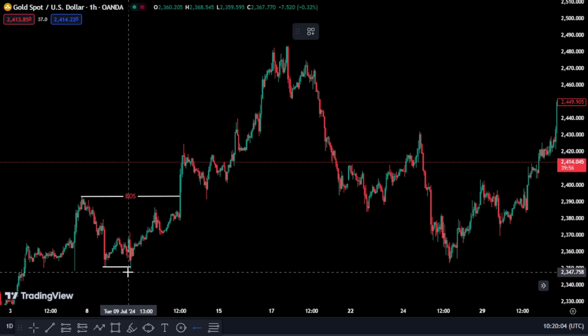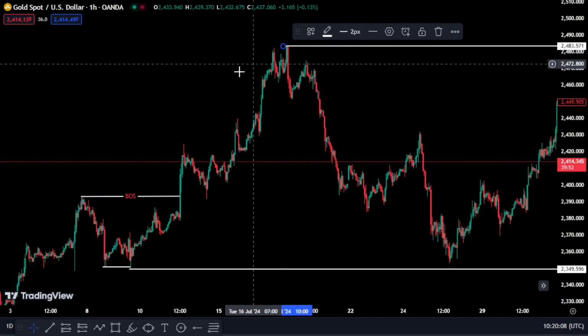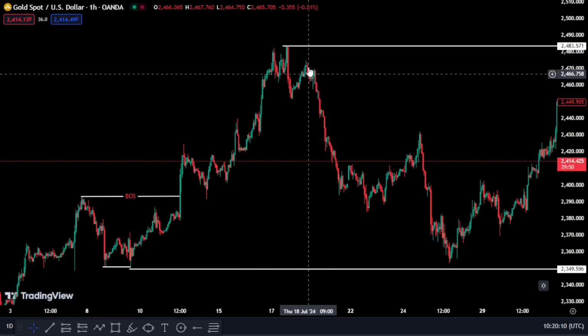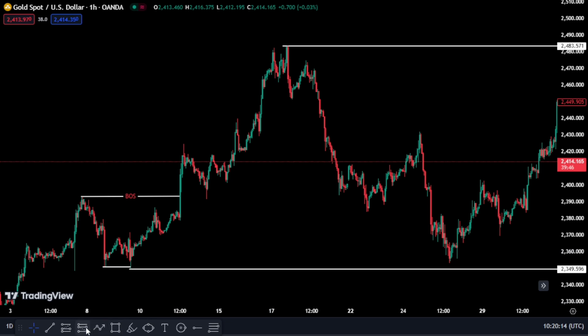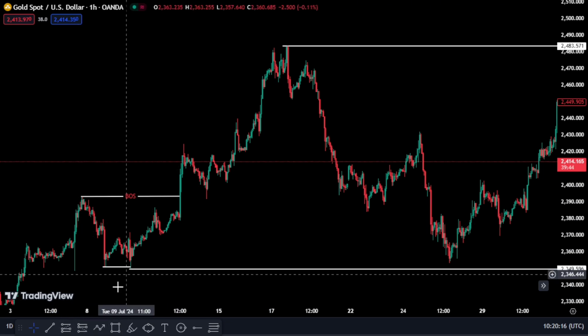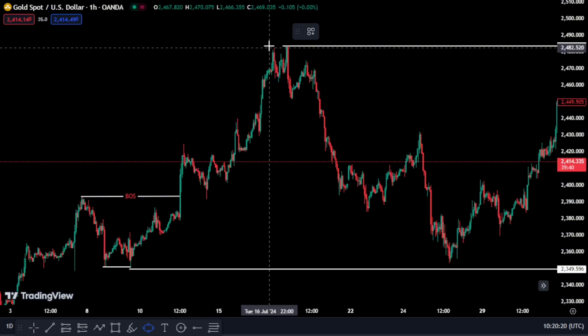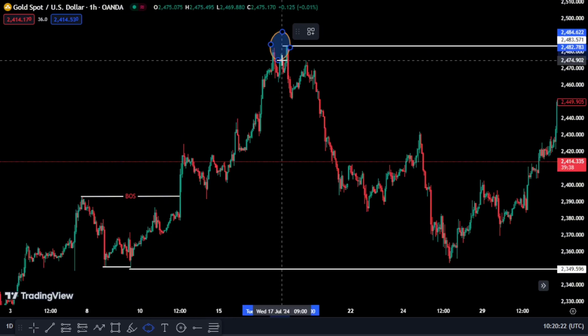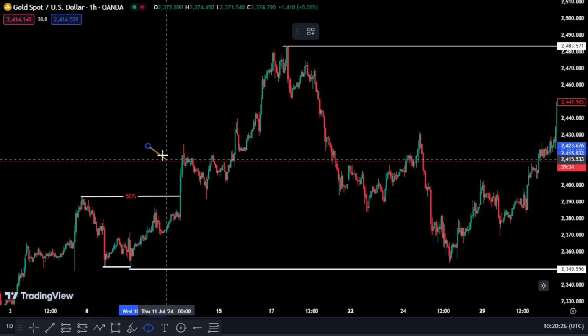We have our protected low, and then we have our protected high. That was the highest point the market got to. The whole of this now becomes what? Your swing structure.